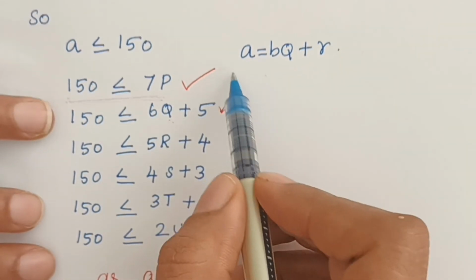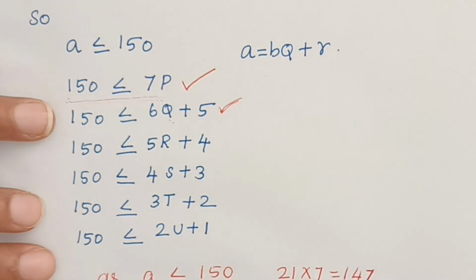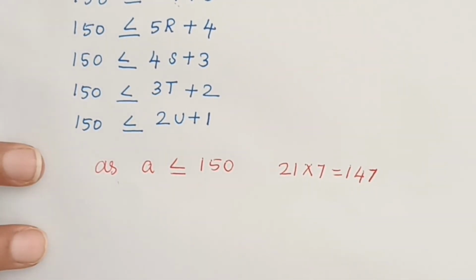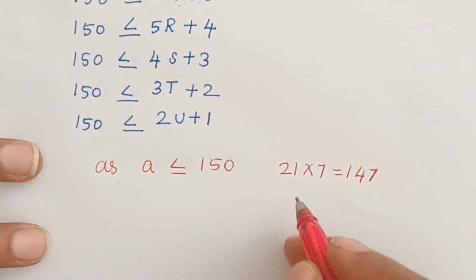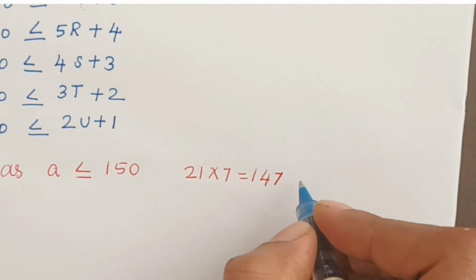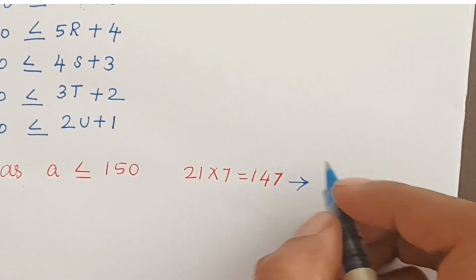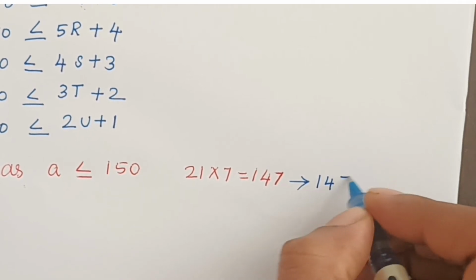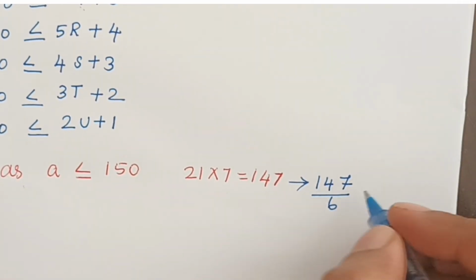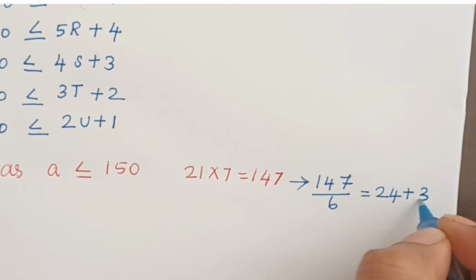First, 21 into 7 is 147. We will take this 147 as a dividend and 6 as a divisor, which gives 24 plus 3.